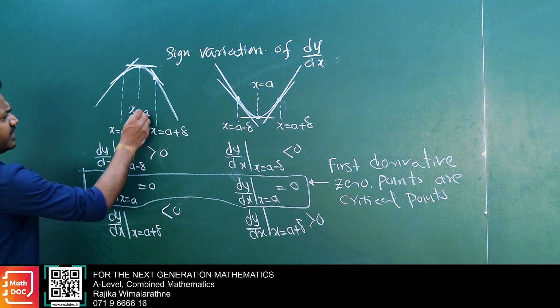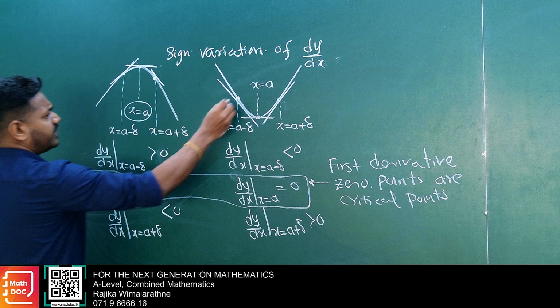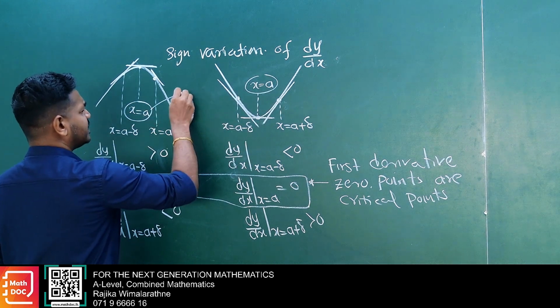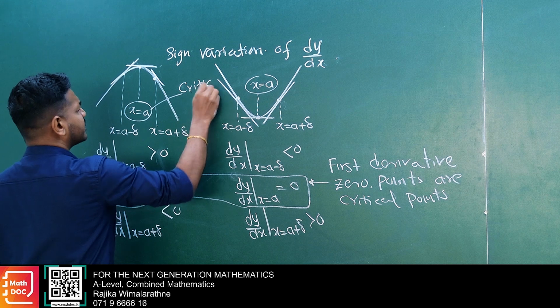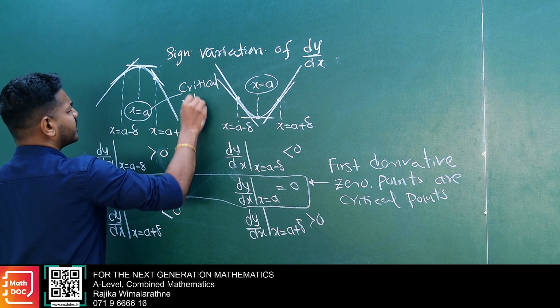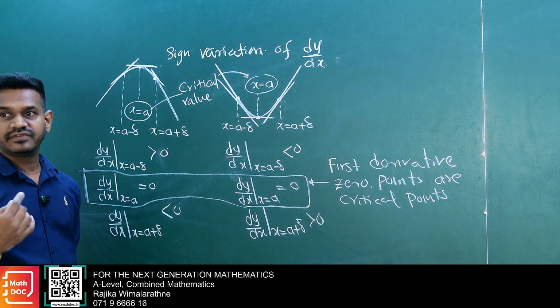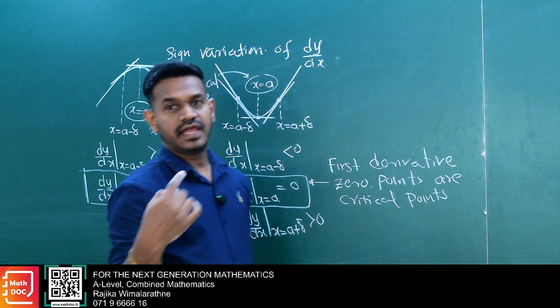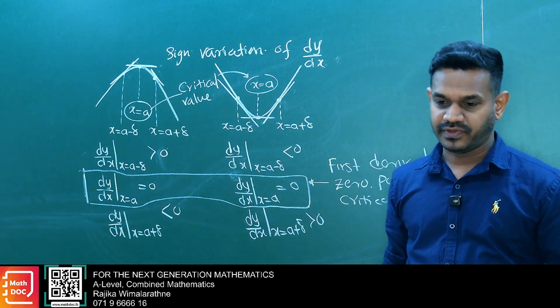Then here especially a value we call critical value. Here x equals to a, no? We say that is critical value. X equal a, that means derivative 0 position. X equals a position, critical value, then corresponding point, critical point.